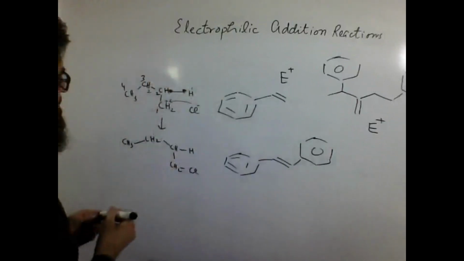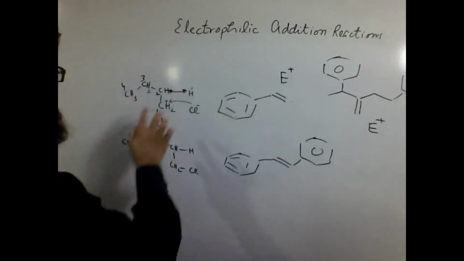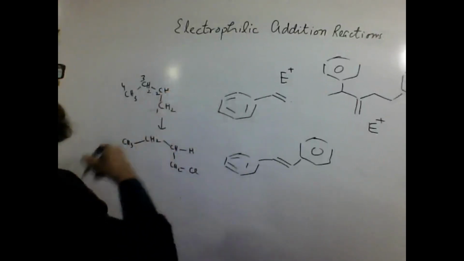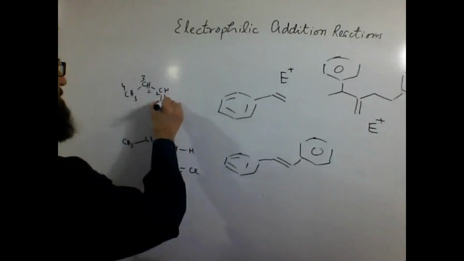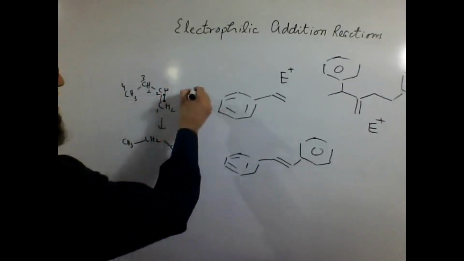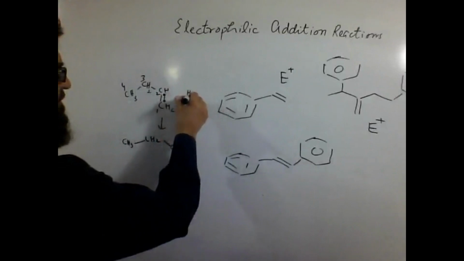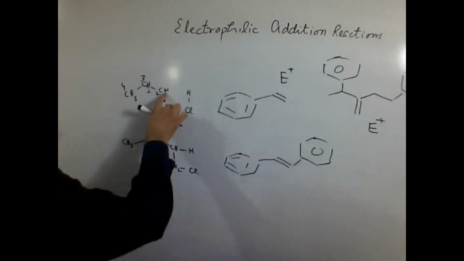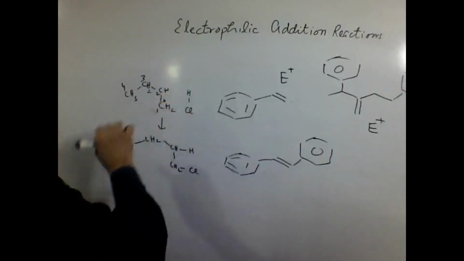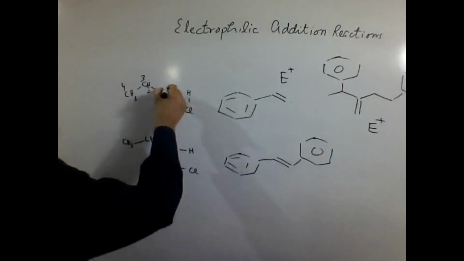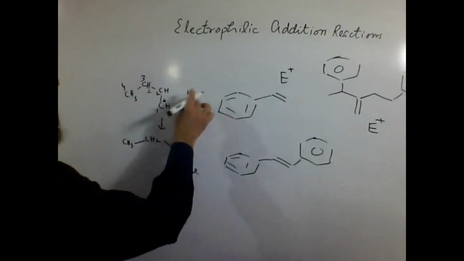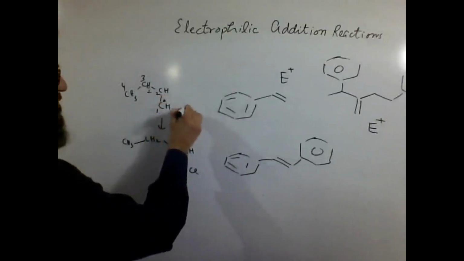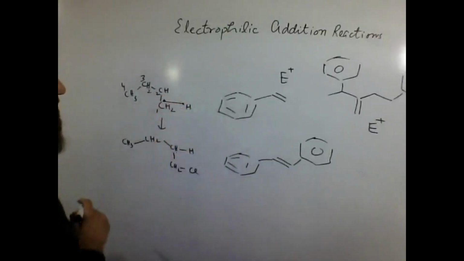The other one was, what was that? Let me explain it again. Or it could be the other possibility over here. Here is the pi bond. Let's say again we have HCl from outside. The other way could be the electron should be taken from here and given to this, and there is a bond between this carbon and this hydrogen over here.